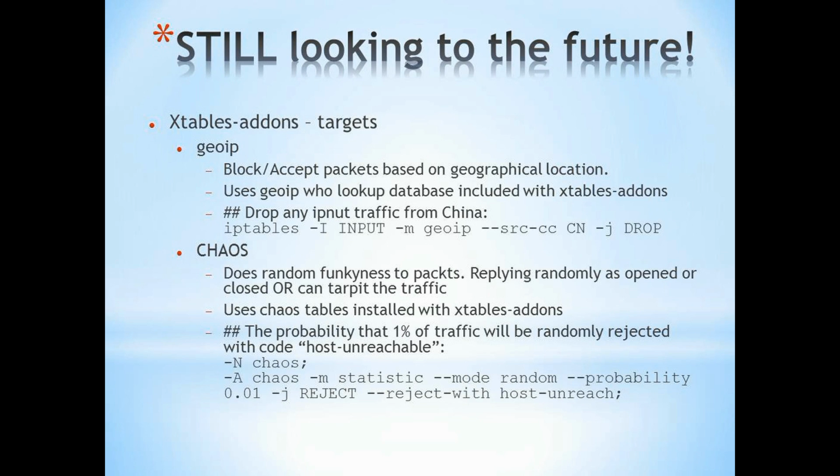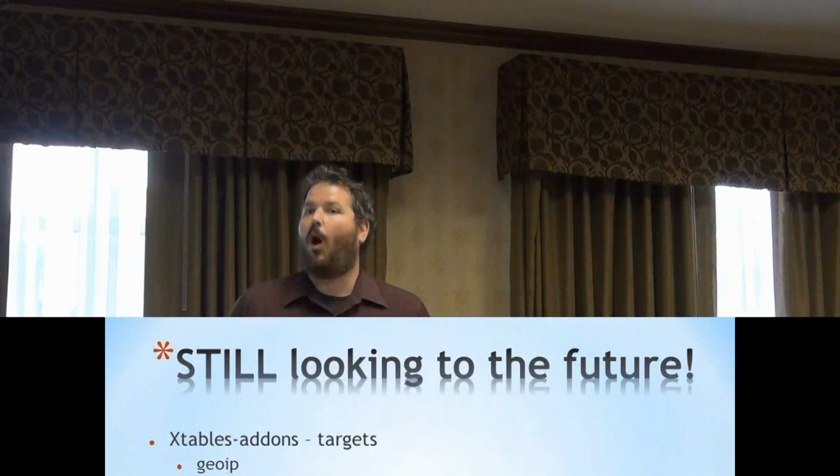For our new chaos chain, we're going to say statistic mode random, we're going to randomly drop packets 1/10 of the time, or 10% of the time. Sorry, my apologies, we're going to reject them with host unreachable. Good luck figuring out why, if you're on the other end. So if you don't want to outright reject or drop traffic, this is a good place to do it.